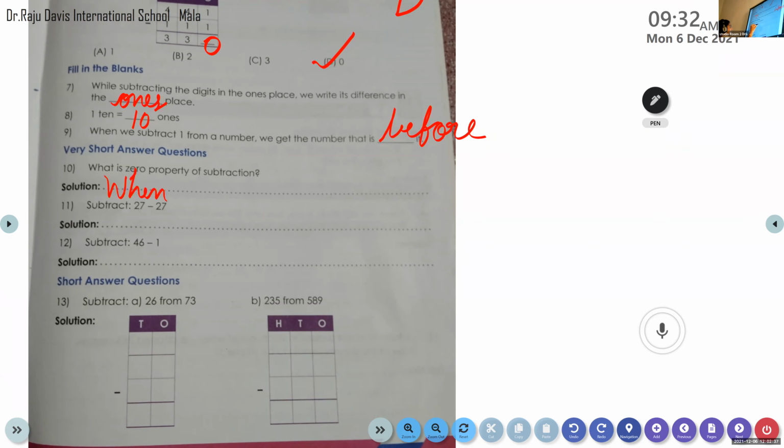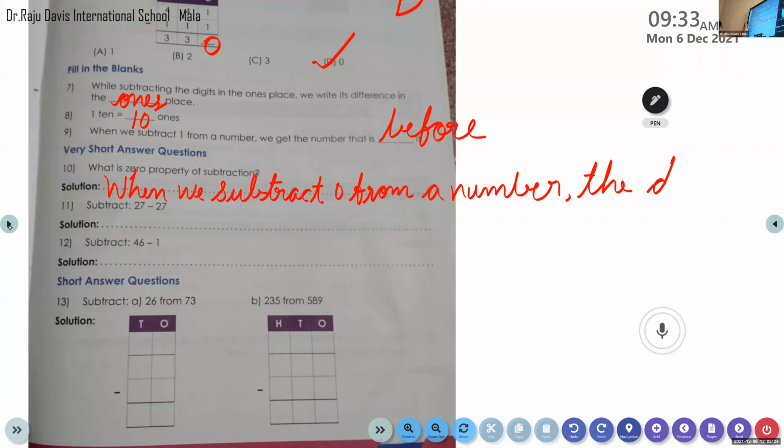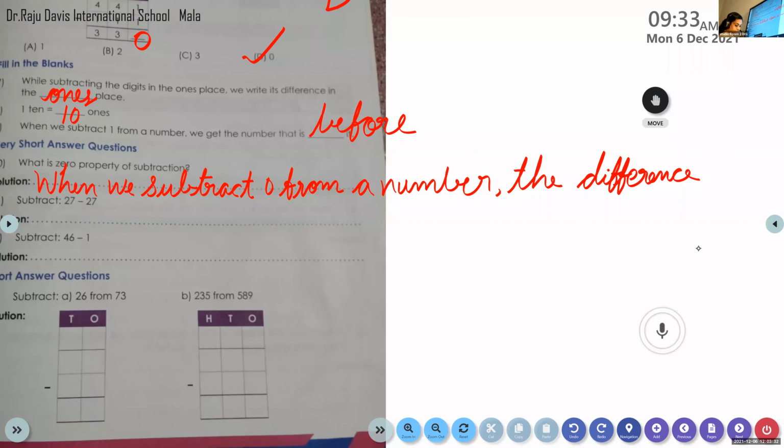When we subtract 0 from a number, the difference is the number itself.